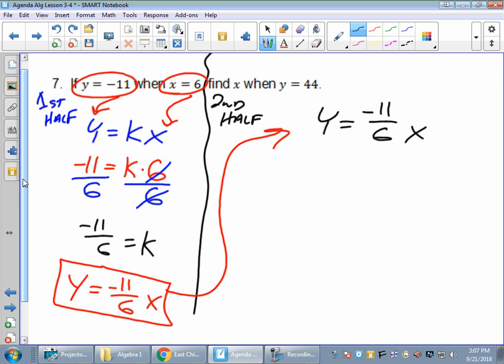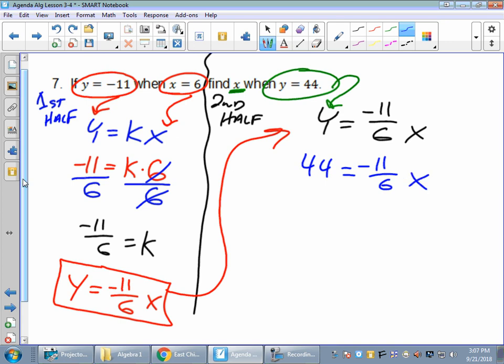And from there, now in this one, they're asking me to sub in y. So I've got y equals 44. That's going to go in here. My x is what we're trying to find. So be careful with what they're looking for. Are they looking for x or are they looking for y? So now I'm going to substitute this y in here at 44. So that's going to give me 44 equals negative 11 over 6 x.